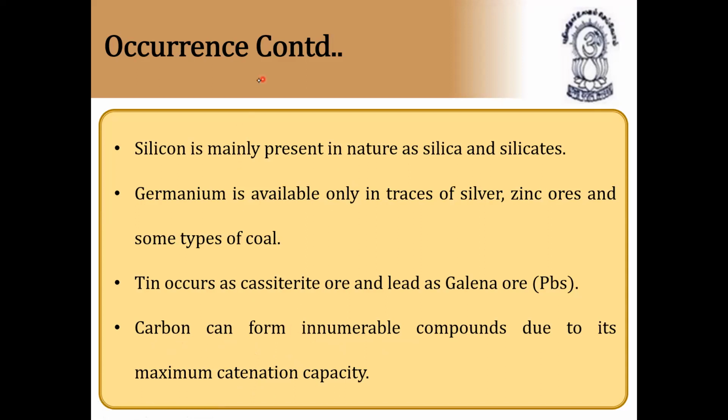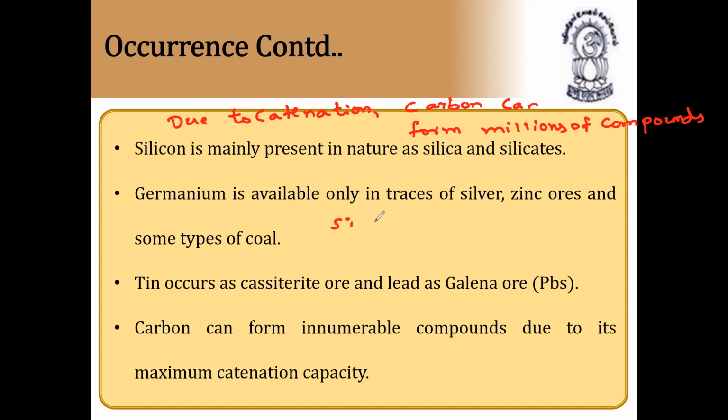So I can write here: due to the catenation property, carbon can form millions of compounds, and silicon also forms a limited number of compounds due to catenation capacity.